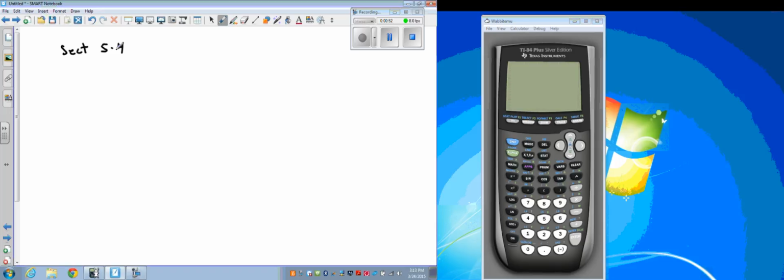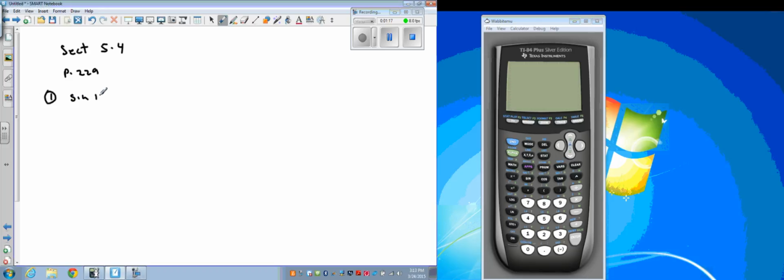All right, so let's look on page 229. In the first one, they say match each expression in column 1 with its value in column 2.